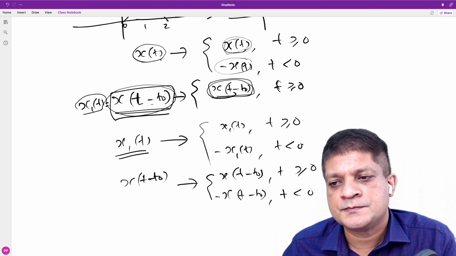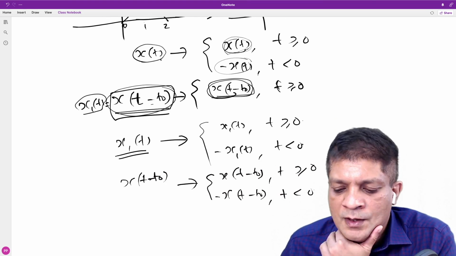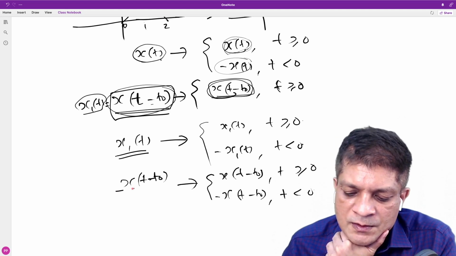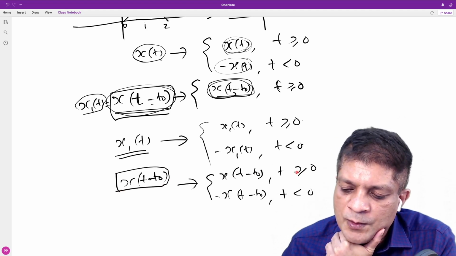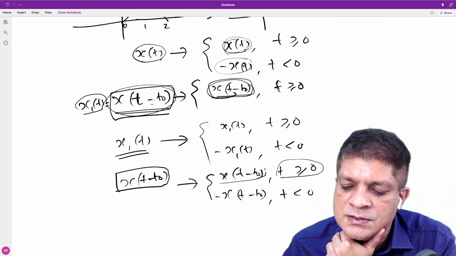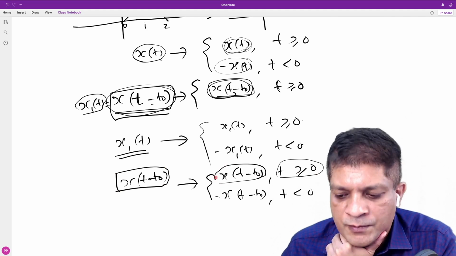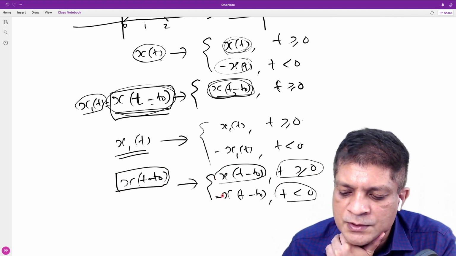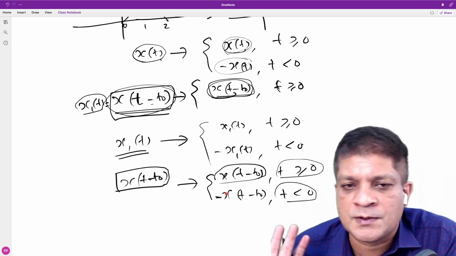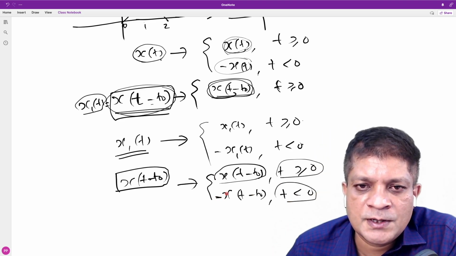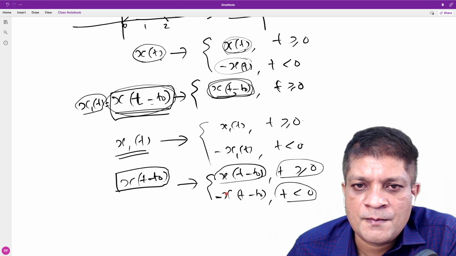Is it? Whatever input you are giving, for positive values of t, it is the same input signal. For negative values of t, that input is multiplied with -1. That is what the system is doing. Is it?